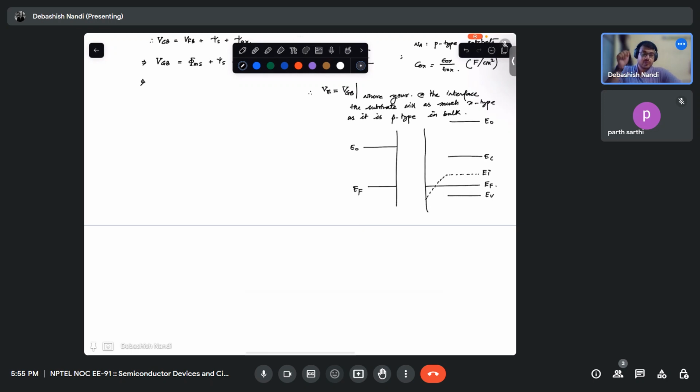So you have a certain potential applied across this. First thing, this will not remain the same. So let me just remove this part. You assume it to be metal oxide semiconductor.